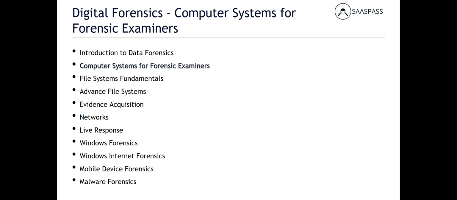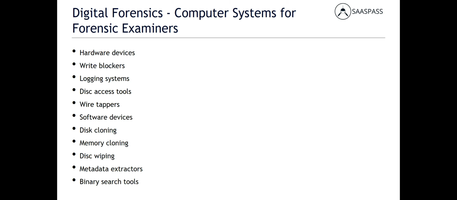What we will do in the Computer Systems for Forensics Examiners lecture is as follows. We will first define the hardware devices and how we can use them. The examples are write blockers, logging systems, disk access tools, and wiretappers.